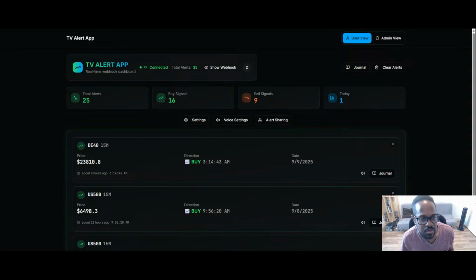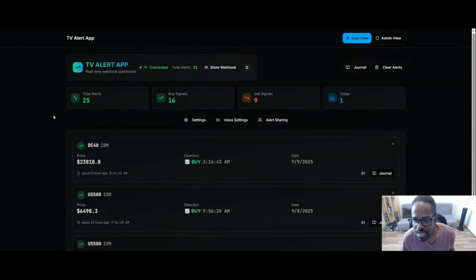Instead of having the indicator, you're going to see exactly the time, the price, and the actual symbol that will be entered. And if you have your sound on, when the alert comes in, it will talk to you.